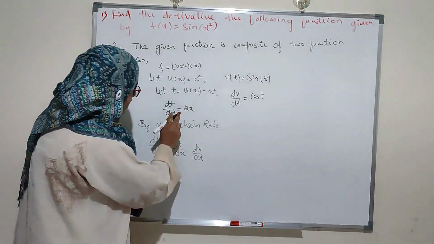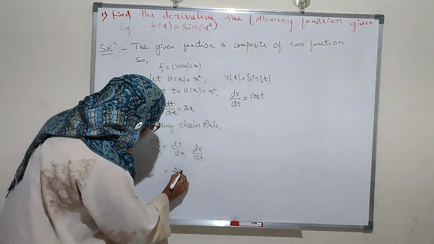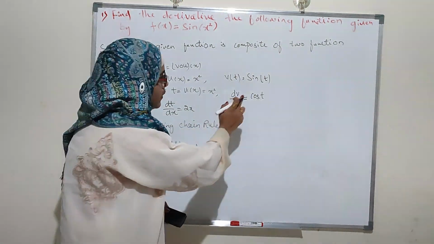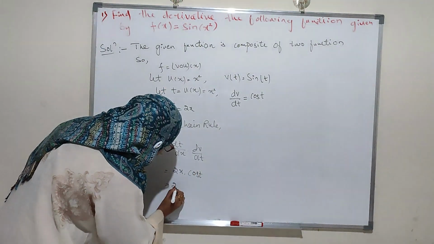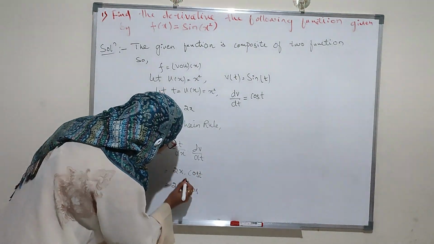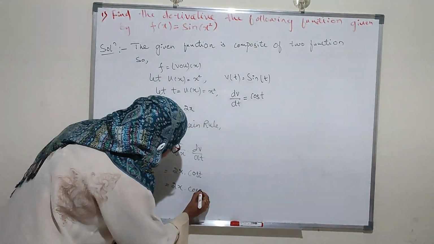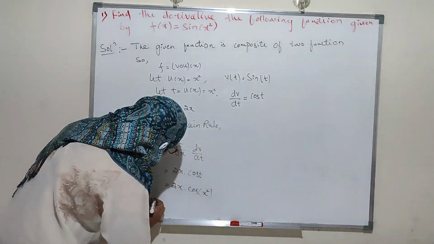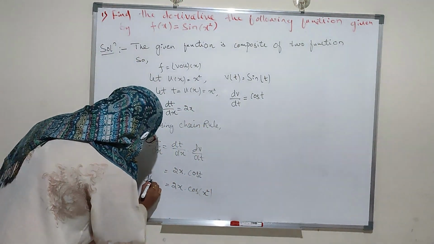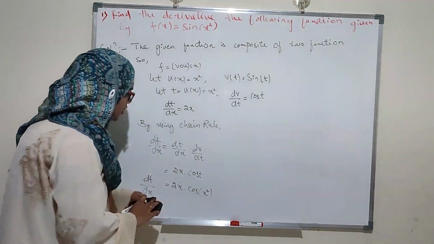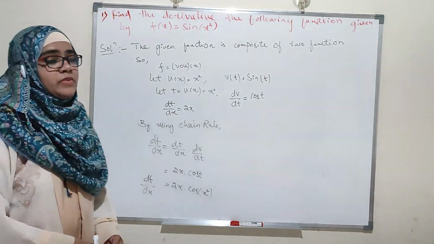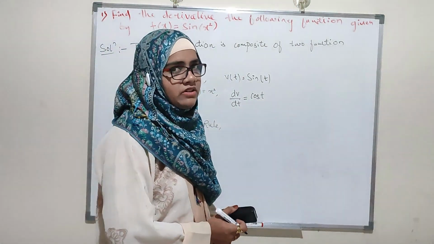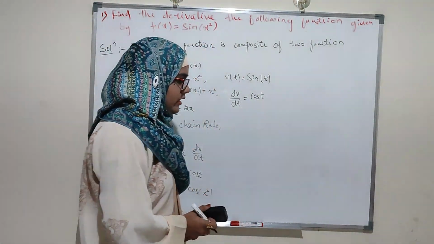So we have dt by dx value 2x into dv by dt, which is cos t. So what is the t value? T we have taken as x square, so cos of t is cos of x square. So finally df by dx is 2x into cos of x square. This is the differentiation of the given function f of x.